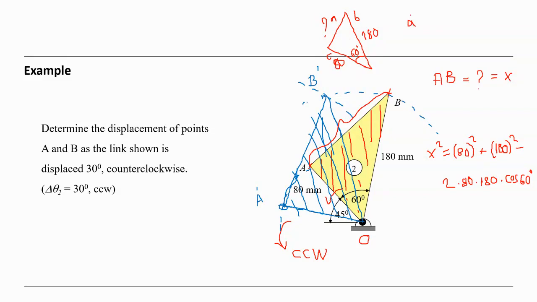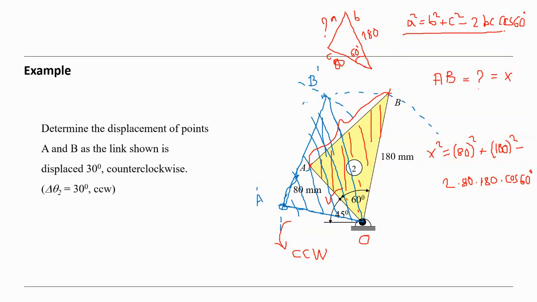Cosine theorem is like this: A squared is equal to B squared plus C squared minus 2 times B times C times cosine 60 here, since the angle is 60. You should know that from high school, but we also repeated it in our last lessons.